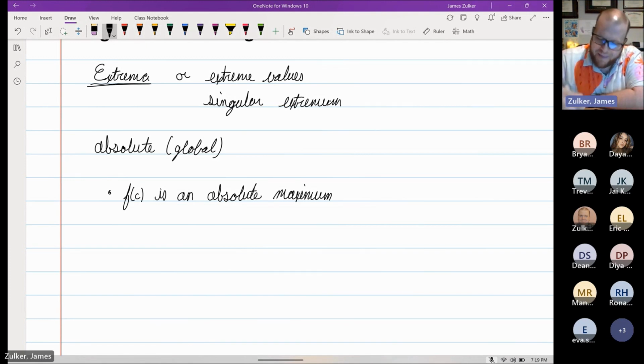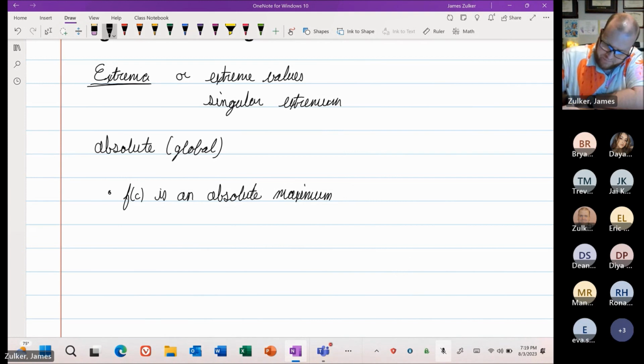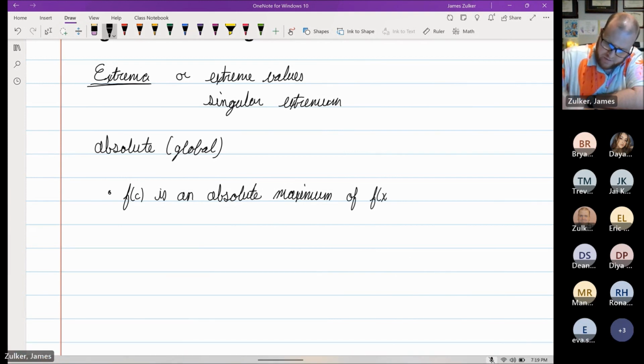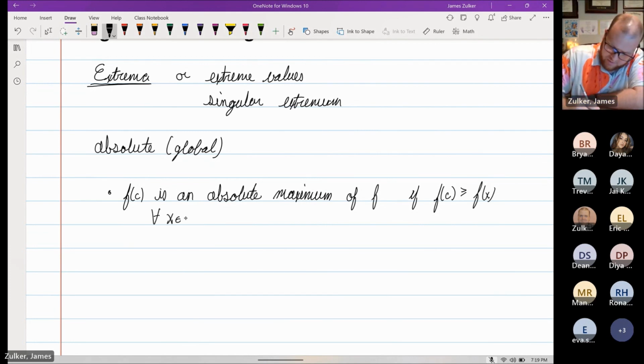f of c is an absolute maximum of f if f of c is greater than or equal to f of x for all x in the interval.